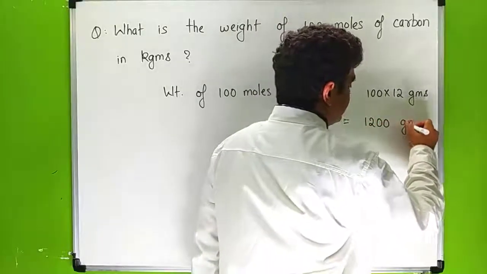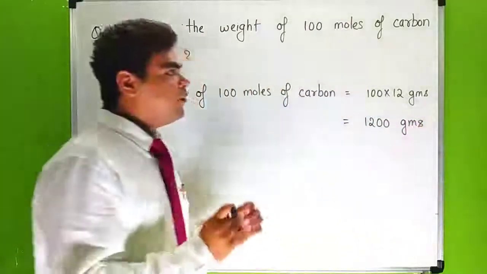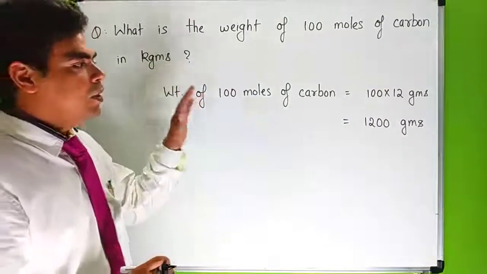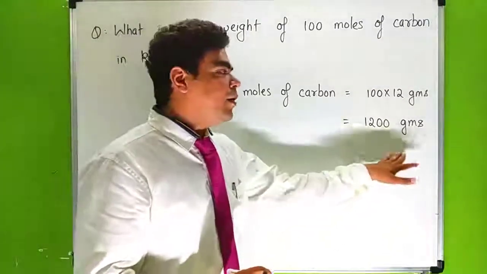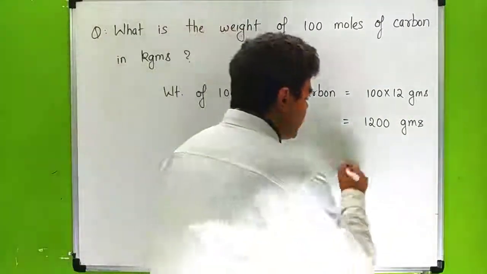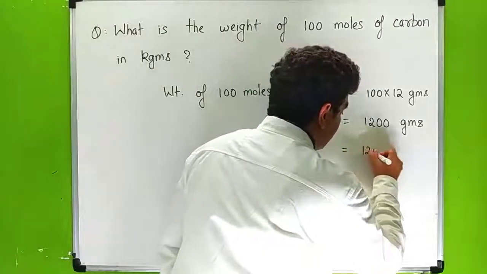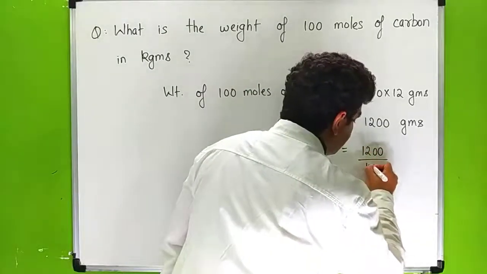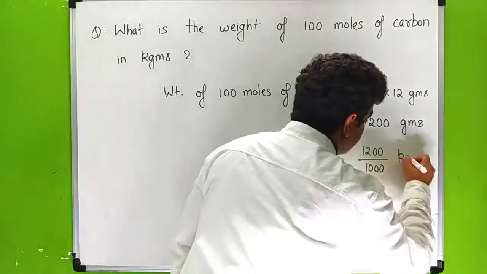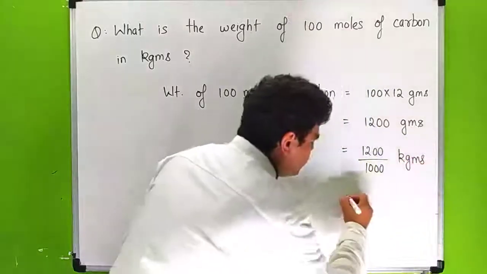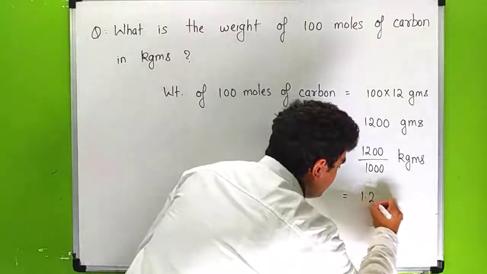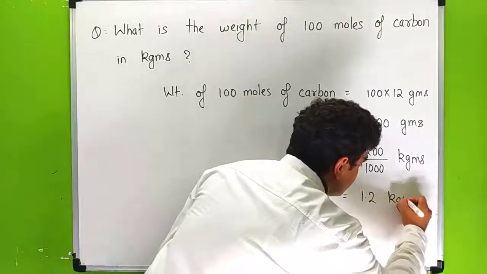But in this question, we were asked the weight in kilograms. So in order to obtain in the unit of kilograms, we would divide it by 1000, 1200 upon 1000 kilograms, and the answer comes out to be 1.2 kilograms.